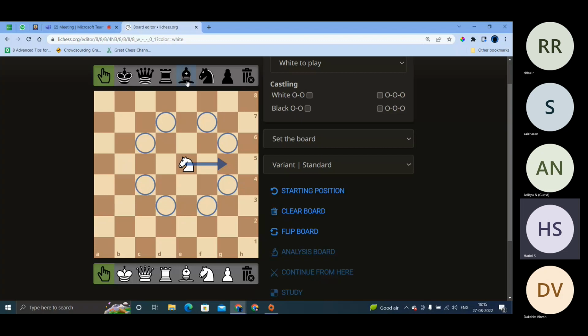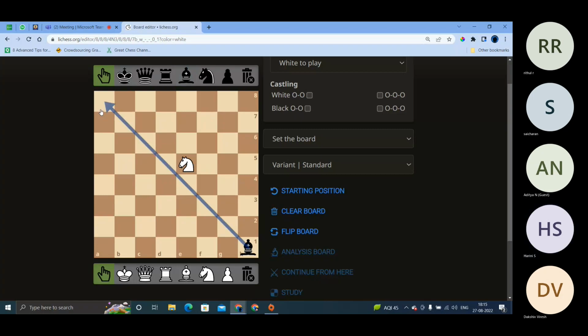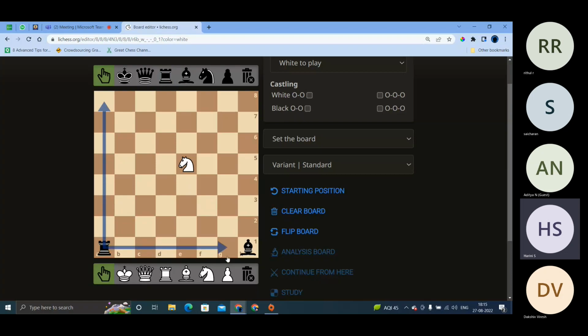Say, for example, if we take a bishop, it controls wherever it goes, so it controls the entire diagonal. If we take a rook, then it controls wherever it travels. It controls the entire file and the entire rank wherever the empty squares are. But that is not the case with the knight.